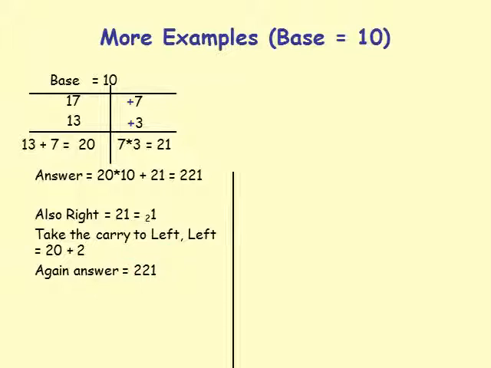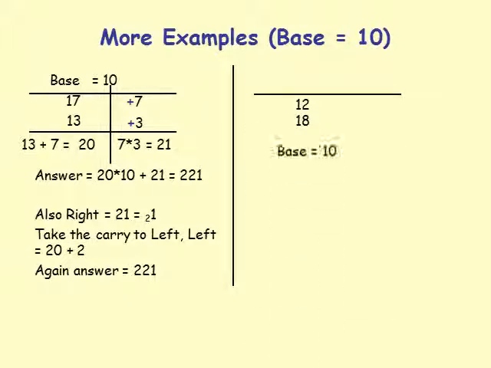Okay, let's do another example. This time we will do 12 times 18, and the base we are going to use is 10. Deviations now. First deviation, 12 minus 10 is plus 2. Next deviation, 18 minus 10 is plus 8.